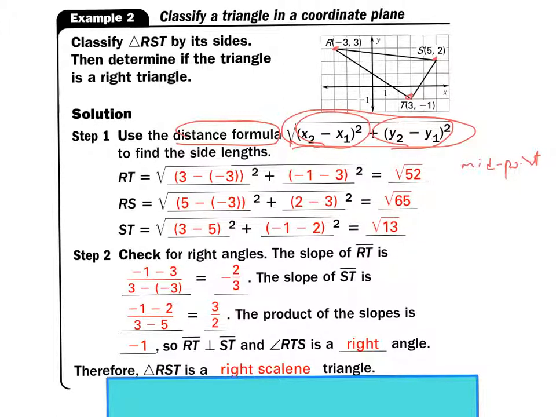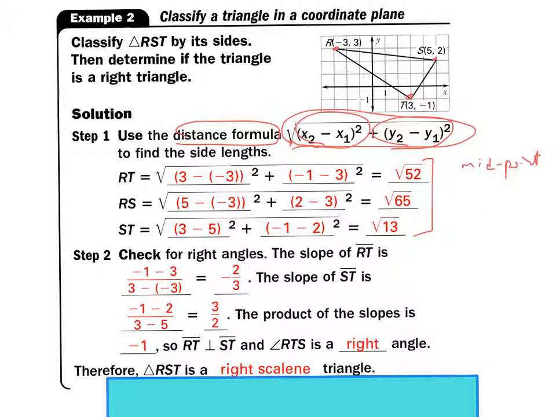So if you plug in all the coordinates, such as what's being shown here, you will have the length of each side here, right? Now that you've got the length of each side, you need to check for right angles.